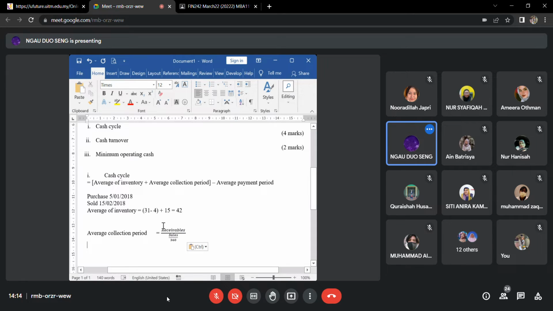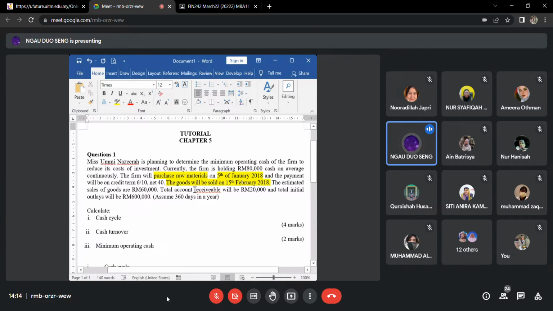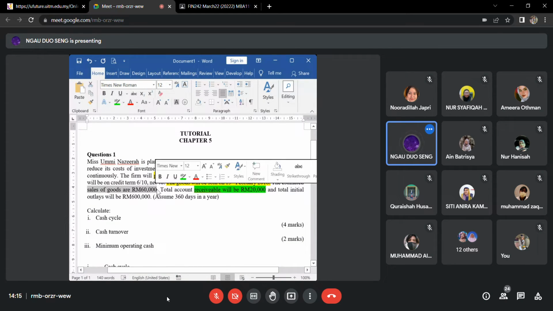Right? So they gave receivable here which is 20,000, and then we find the sales and initial outlay. No, sales of goods. Estimated sales of goods 60,000.